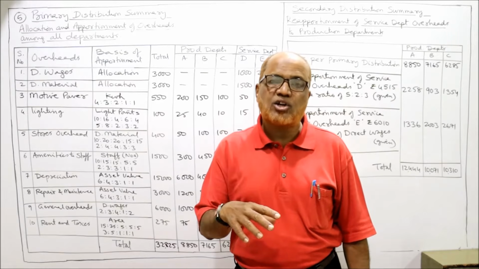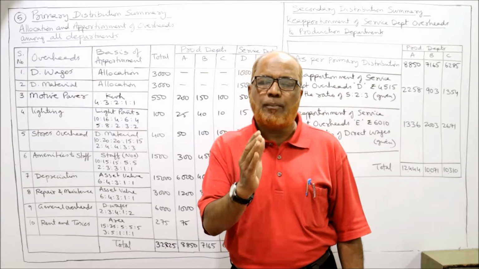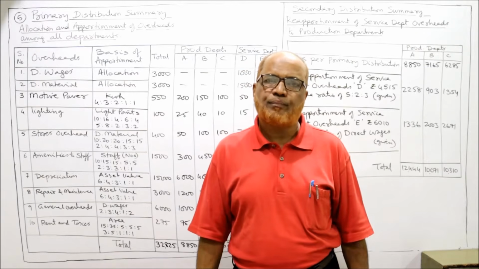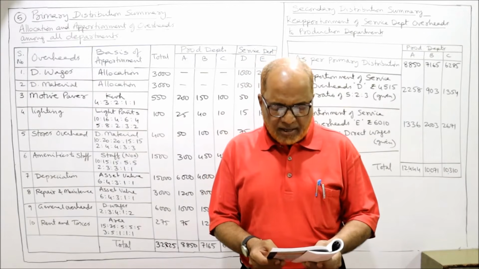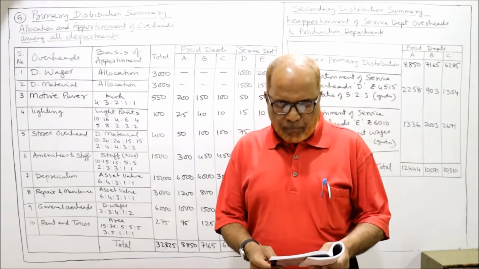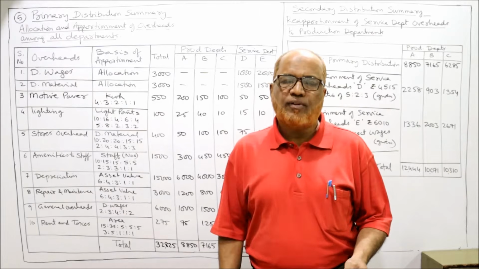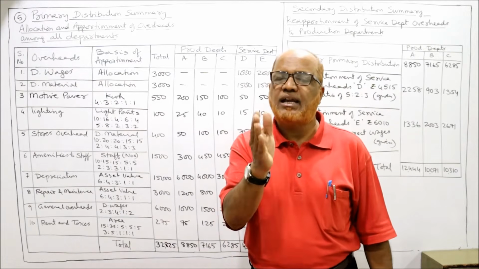In the theory introduction part, I have explained to you. Then rent and taxes. This will be apportioned on the basis of area. Apportion the expense of service department E proportionate to direct wages. The service departments are D and E.